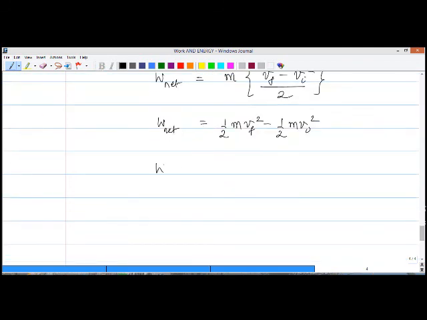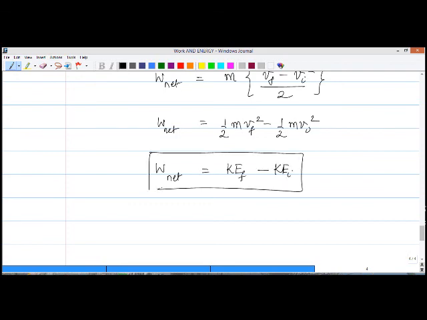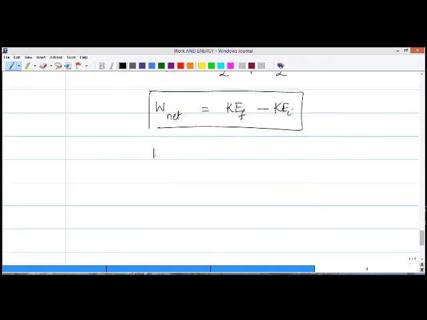We're going to call these terms KEf minus KEi, where we've defined the kinetic energy as 1/2 m v squared. This is a very important term, and we realize a few things. If work is done, then it changes the kinetic energy.